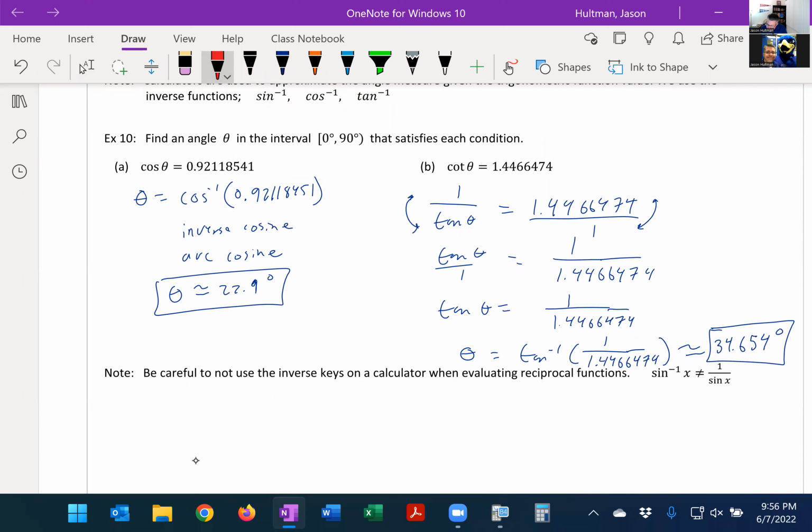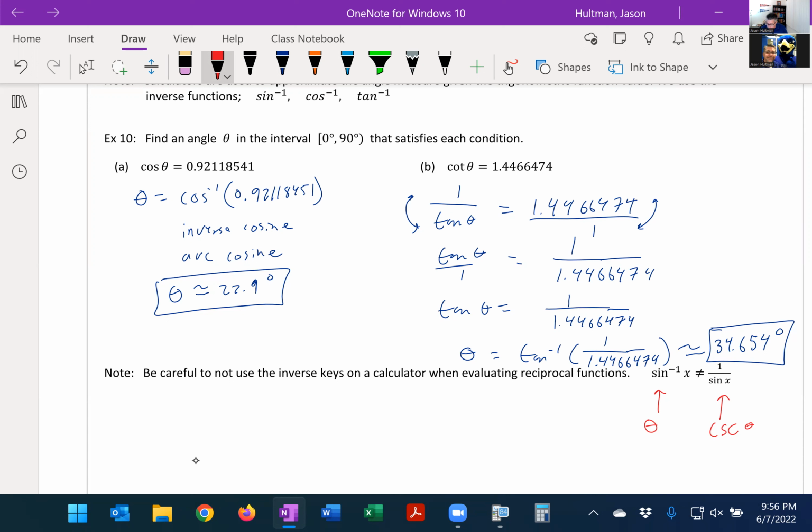Be careful when evaluating the functions. The inverse sine is not the same as 1 over the sine. Again, especially on the calculator. This gives me an angle theta. This gives me a cosecant of theta. They are not the same. This is the angle whose sine is x, and this is 1 over the sine of x, not an angle.